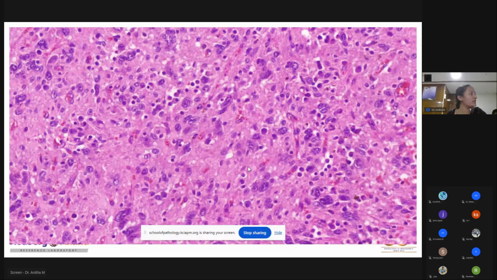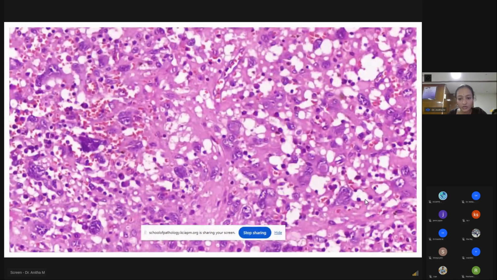Further higher power, we see that these are pleomorphic cells, which demonstrate multinucleation and bizarre vesicular to coarse chromatin. Some of them have nucleoli, and most of the cells also have pseudo inclusions, as we can see here and here.